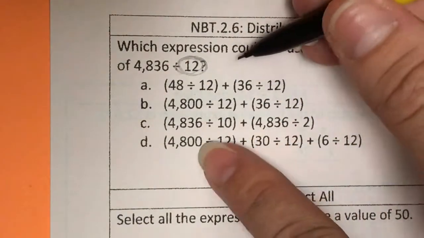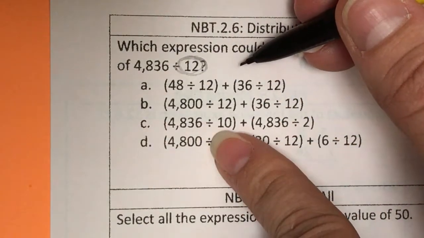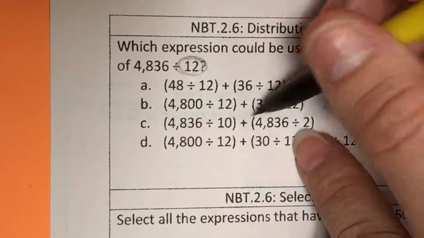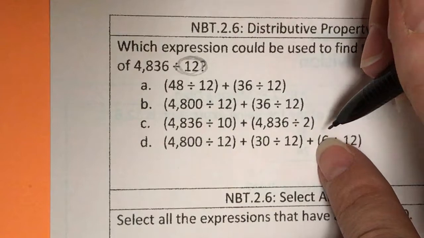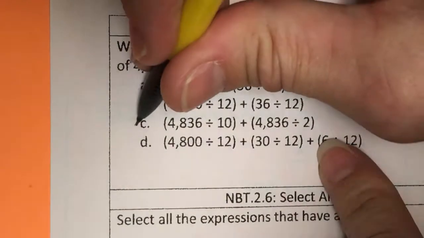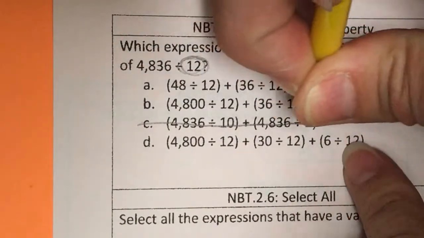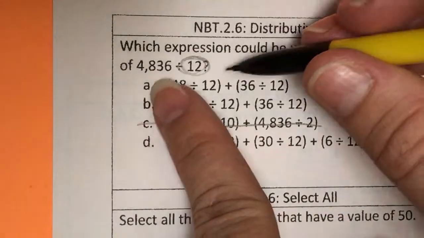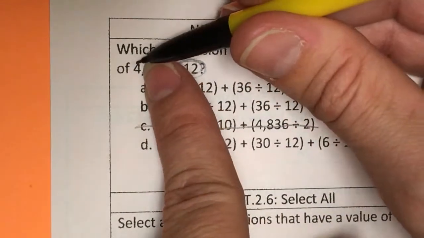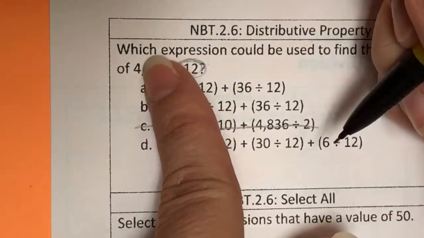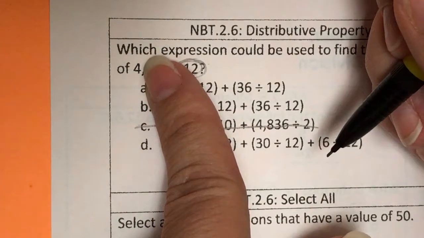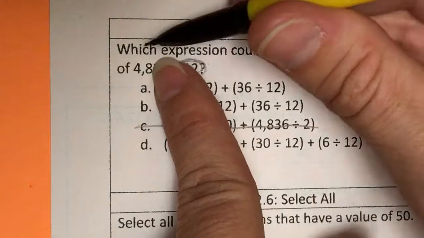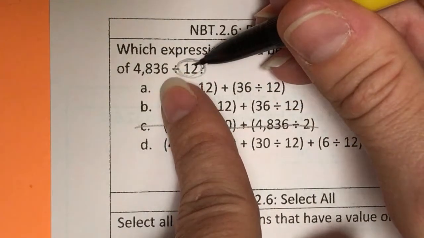So you'll notice if you look down at answer C, they split it divided by 10, divided by 2. That doesn't work. I can't change the amount of equal groups because then it wouldn't be equal groups. So I can go ahead and eliminate C. Now I want us to look. Could I do 4 divided by 12 evenly? Or 4,000? No. Could 48 go into 12?